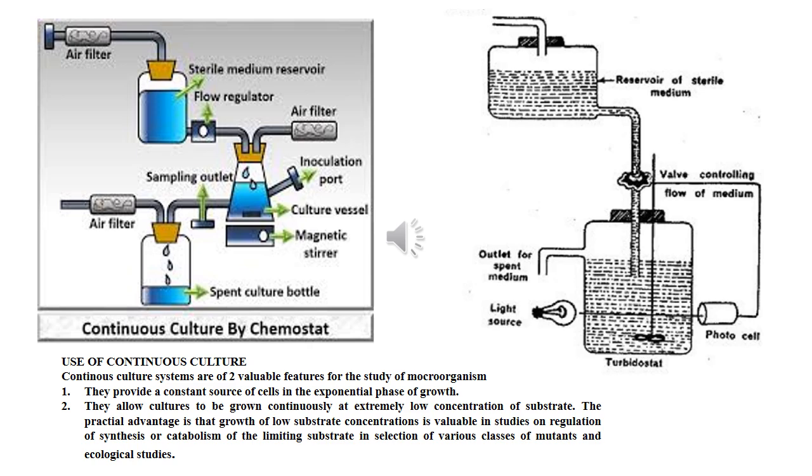Remember that the key difference is that in the batch culture, no new nutrients are added and it is a closed system, while in the continuous culture, fresh nutrients are added and it is an open system.